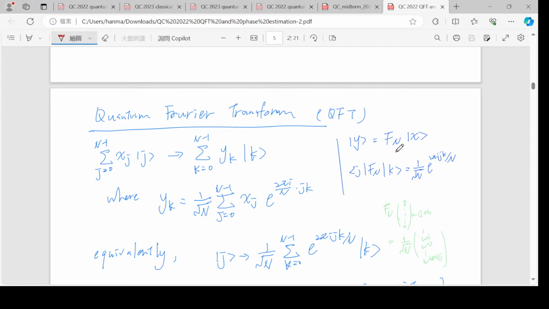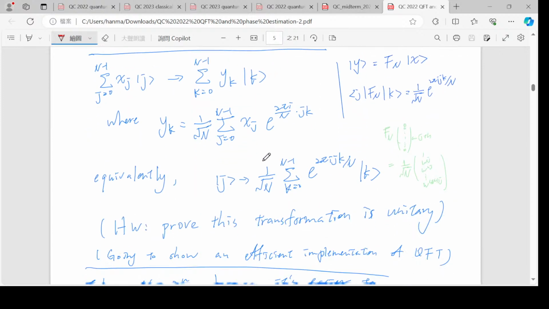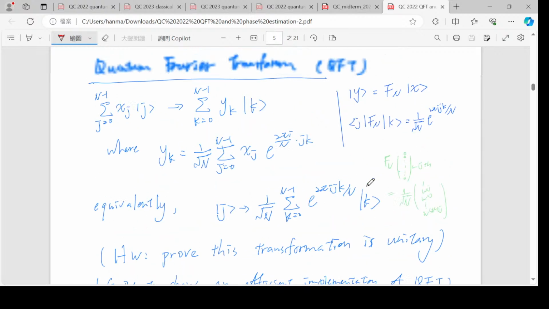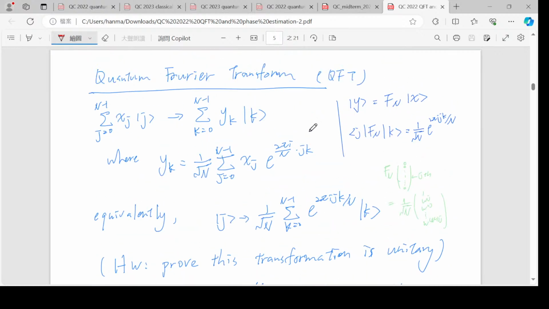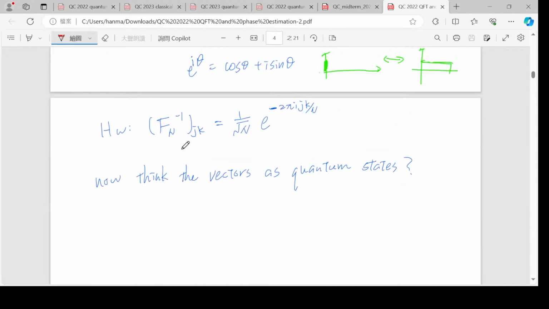For this to make sense as a quantum transform, the first thing you need to show in homework is that Fn is unitary, because we said that x and y need to both be unit vectors. If we fix x as a unit vector and Fn is already fixed, then y is already fixed. So you want any unit vector times your Fn to become a unit vector, so Fn must be a unitary transform. I think that will be similar to the homework you want to prove, because this thing is basically Fn dagger.